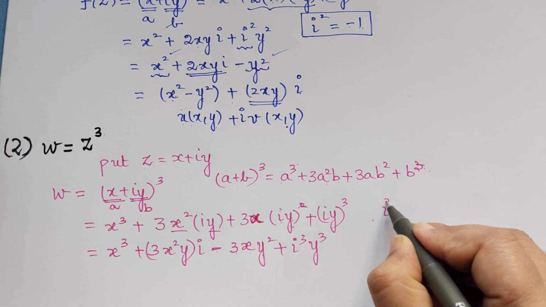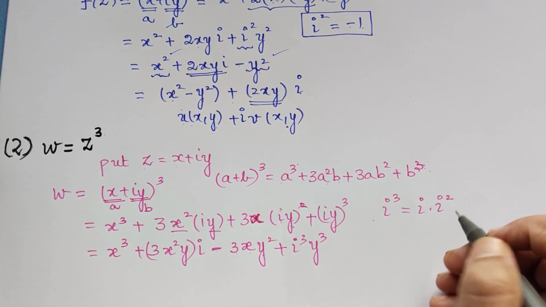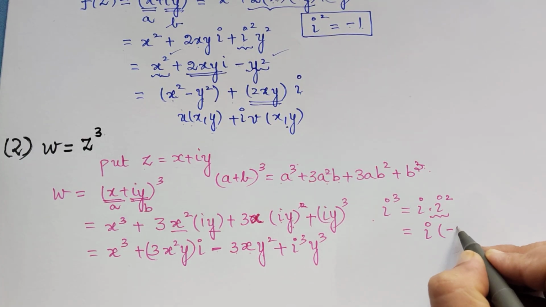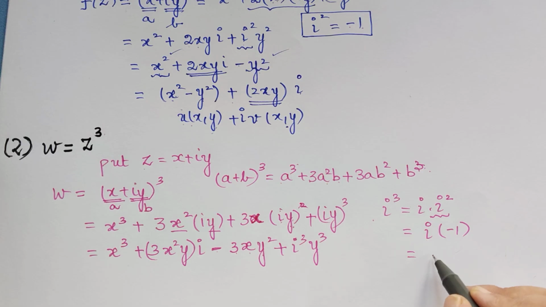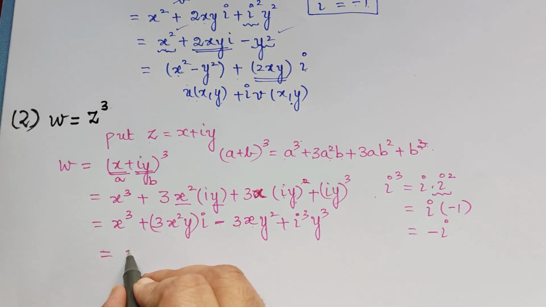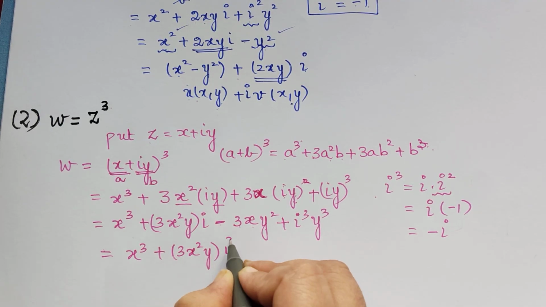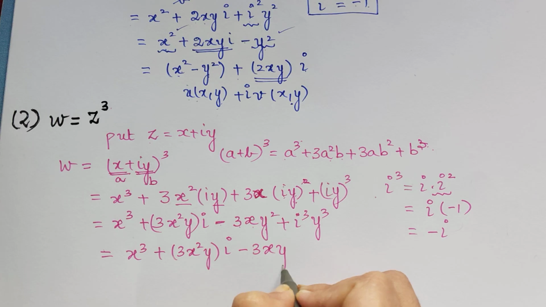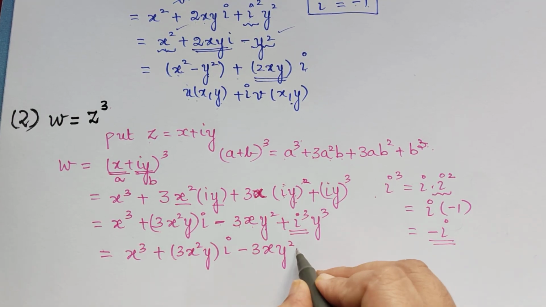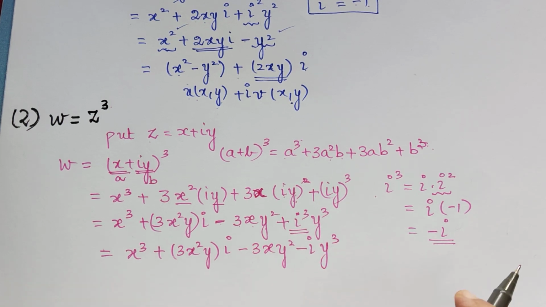But we know that i cube is actually equal to i multiplied with i square. So that is equal to i multiplied with, what is i square? It is minus 1. So finally i cube will be minus i. Therefore this is further equal to x cube plus 3x square yi minus 3xy square. So this i cube has to be replaced by negative i, so minus i y cube. Now we will combine the real part and imaginary part.